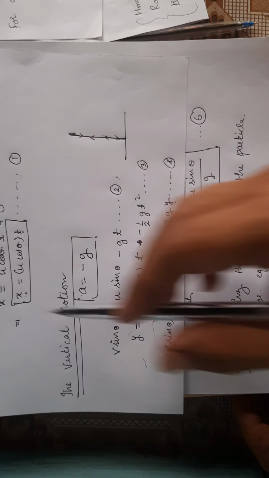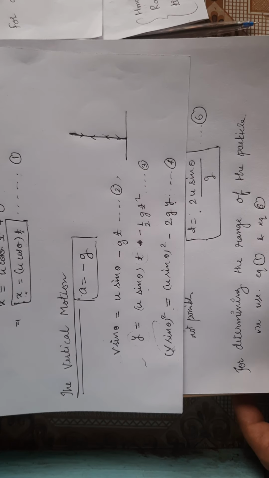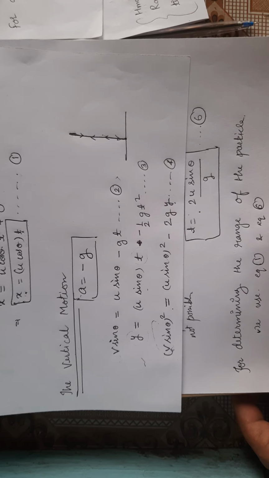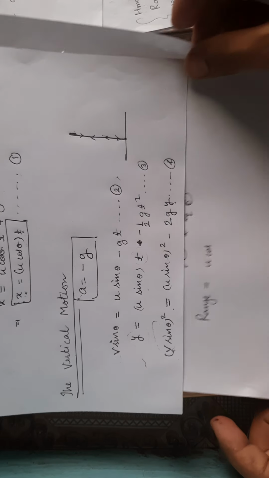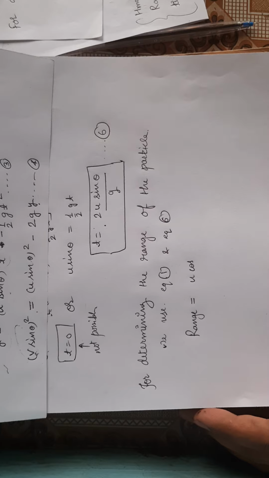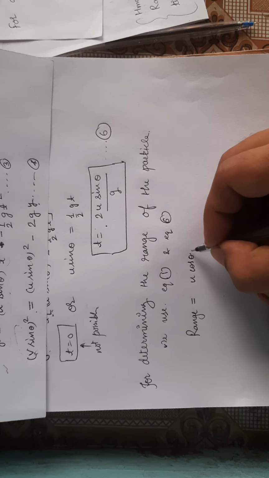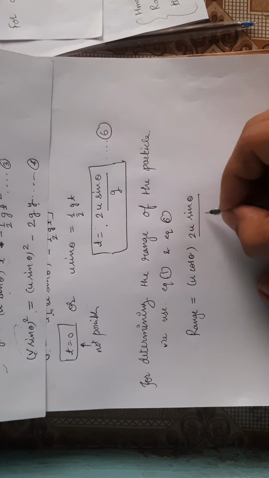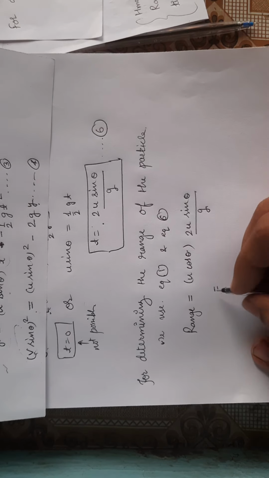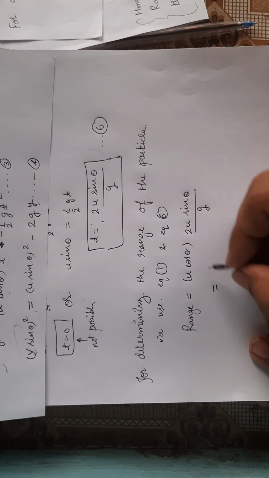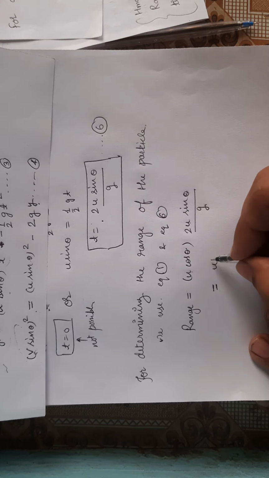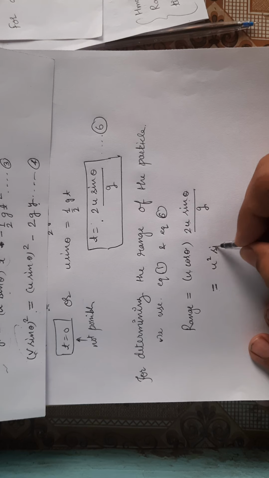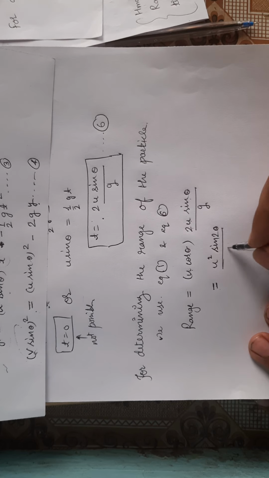When t is the time of flight, x will become the range. So we can write range is equal to u cos theta into t, which is 2u sin theta upon g. After solving, we see that u and u product becomes u square, and 2 sin theta cos theta will become sin 2 theta, over g.